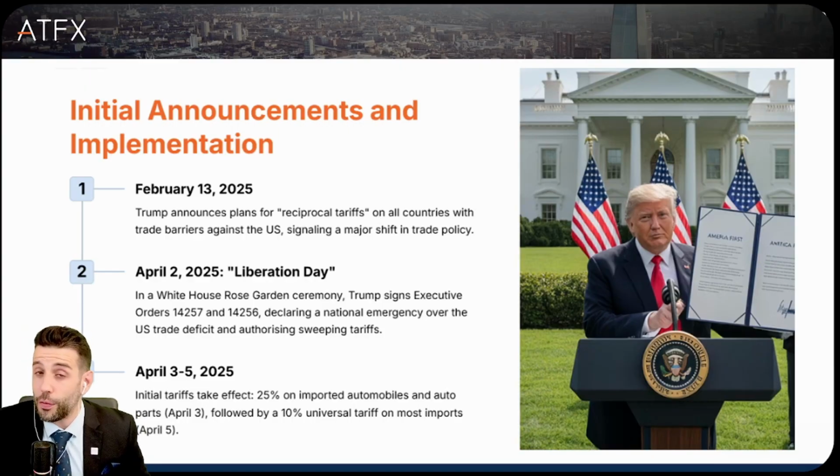On 13th of February is when Donald Trump first mentioned that he was about to apply reciprocal tariffs. The term reciprocal was criticized by media in general terms. But the truth is, if we analyze in detail how tariffs are working worldwide right now, we will find out, for example, that economic areas like the European Union were applying, since 2019, 32% tariffs on dairy products and agricultural products from the United States.